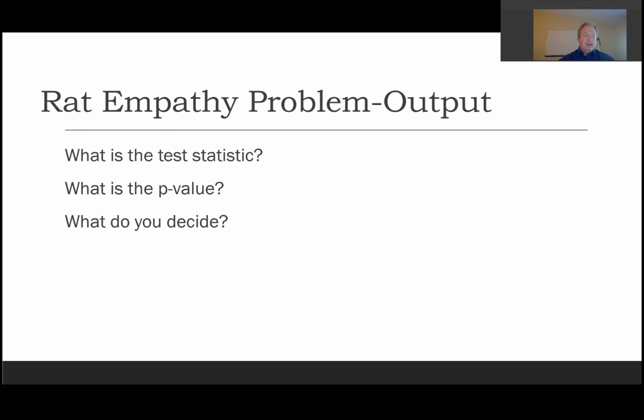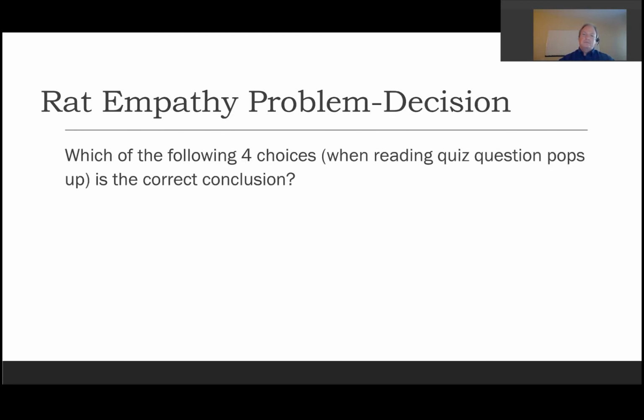So take some time out and answer those. And finally, we want to state our decision. So the reading quiz is going to give you 4 different choices. And you want to choose the one that would be the correct conclusion based on your answers from the last question.